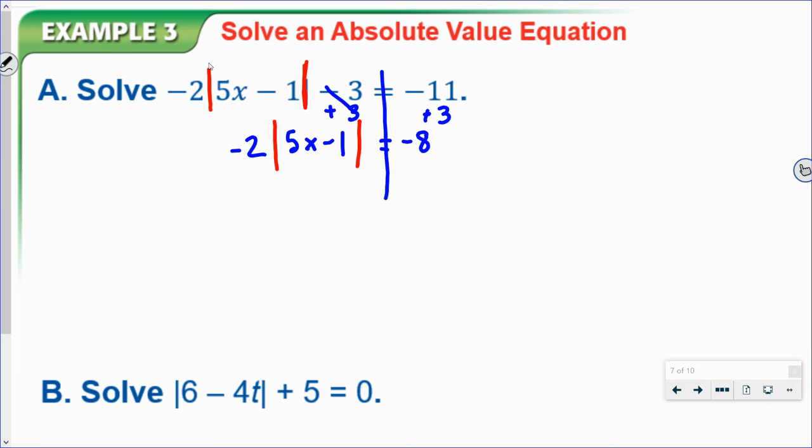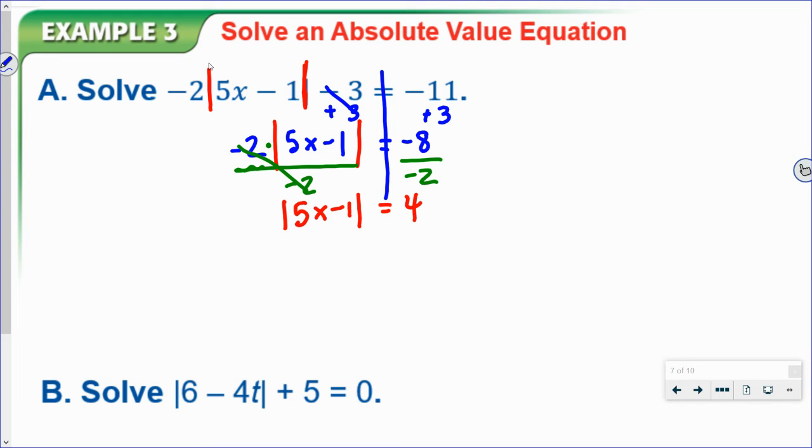Okay. Now I want to get rid of this negative 2 in front. It is being multiplied to the absolute value, but again, we can't distribute, but we can get rid of it by division, just like we would do in a normal equation.